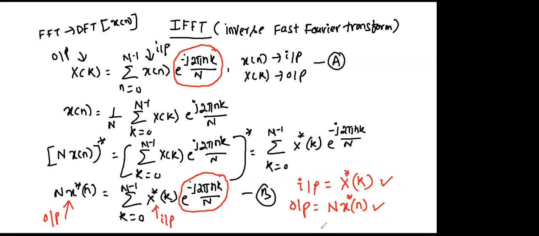Okay, now see, in case of equation A, when you are finding the FFT, you are taking input as x of n and output as X of k. Same equation, only the input and output change. Now what to do? Simple, replace x of n by X conjugate k and replace X of k by N x conjugate n in your algorithm. If you understand this, rest everything is the same.